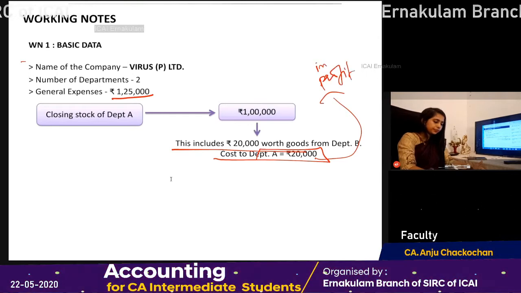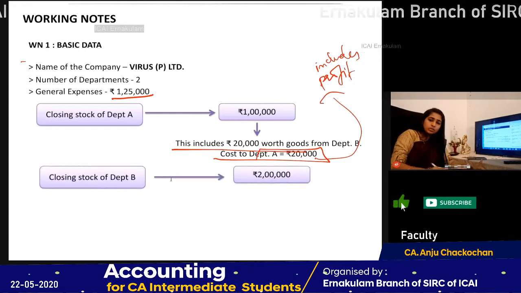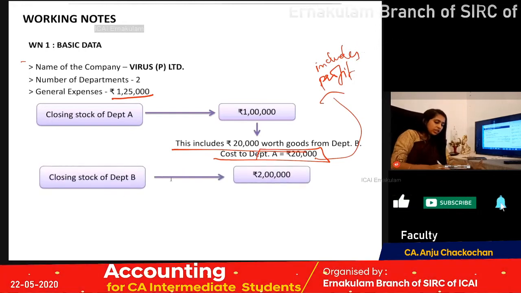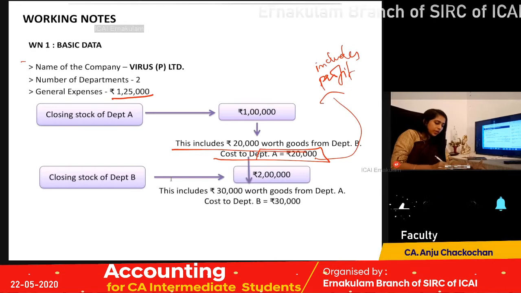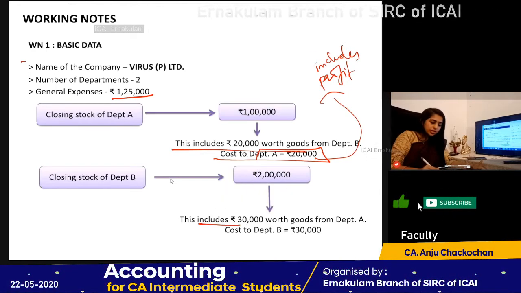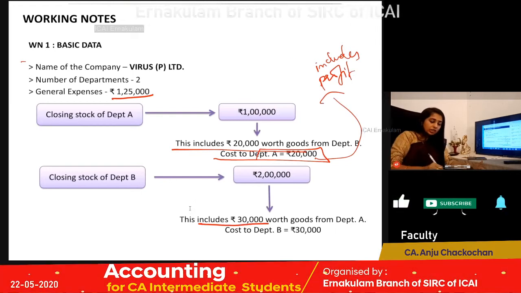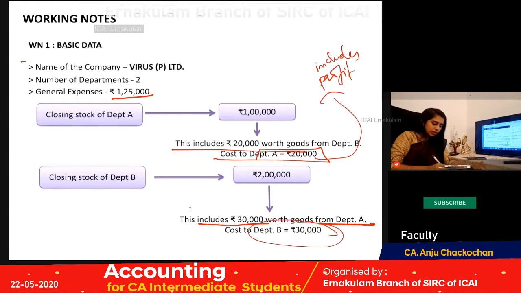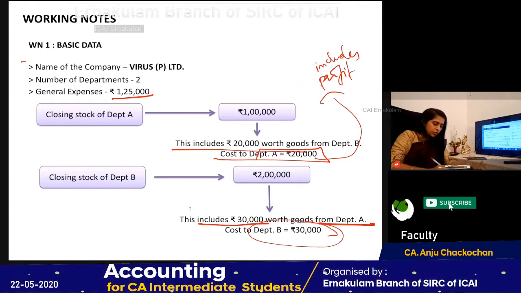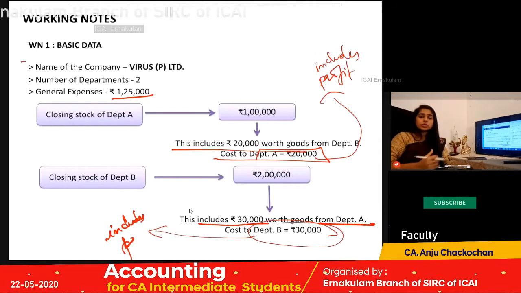Then we have the next point, which is the closing stock of Department B. The closing stock of Department B is rupees 2 lakh, and this includes an amount of rupees 30,000 from the other department, which is Department A, and cost to Department B is 30,000, meaning this also includes profit. So students, please take this down, the basic data, the first working note.